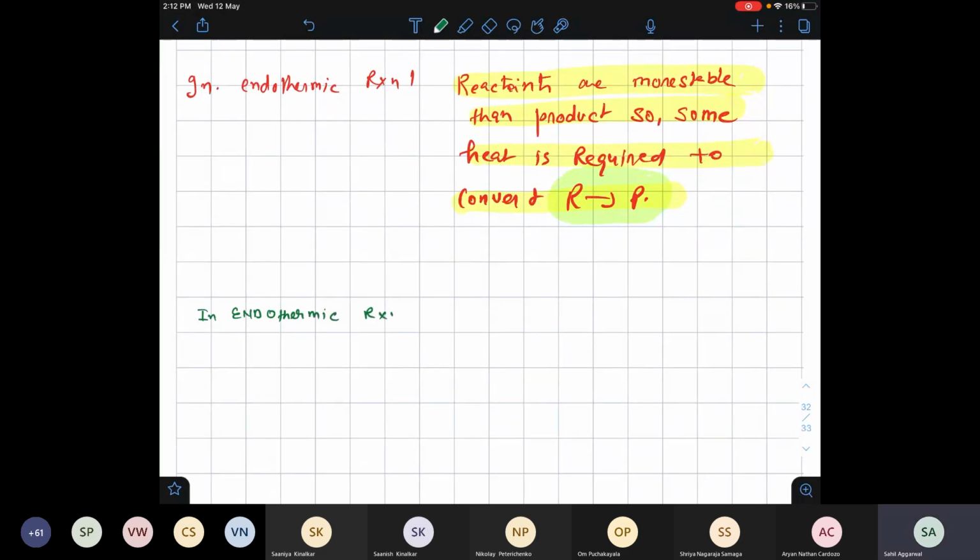In endothermic reaction, reactants are more stable. In exothermic reaction, products are more stable.